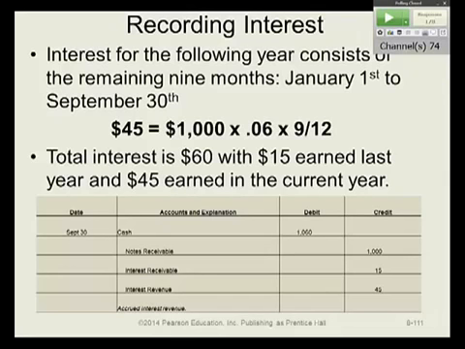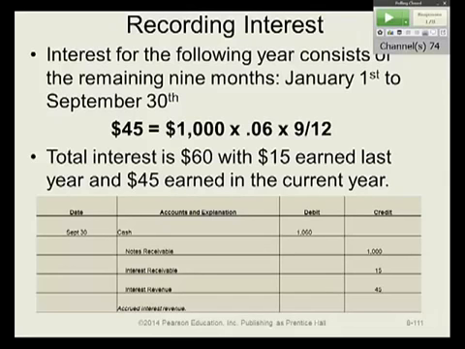So notice that revenue is 45, and out of the 60 that you collect, $15 of that is a receivable, and 45 of it is revenue. And this is going to be when you collect it, and this is at maturity. So that's at the maturity date when it's collected.